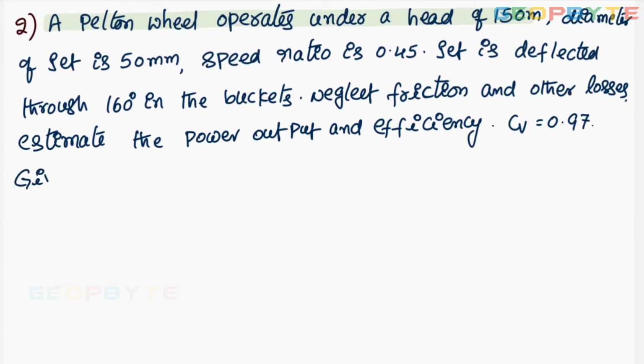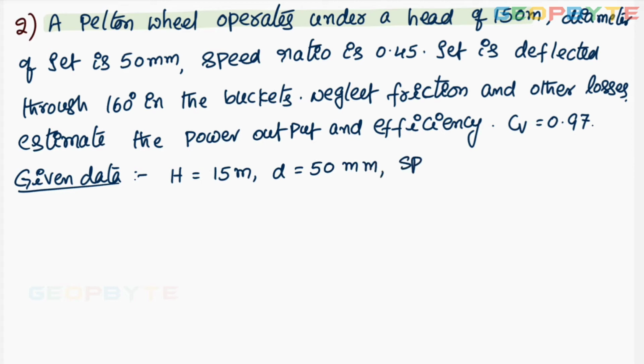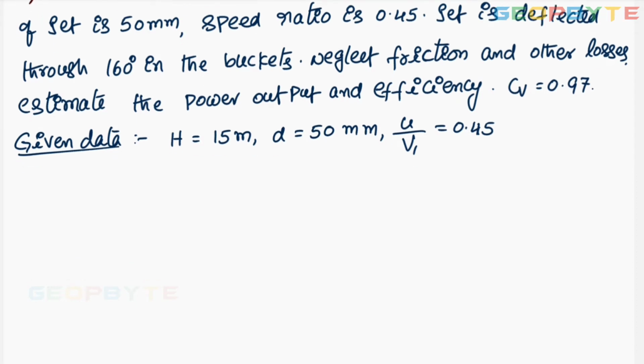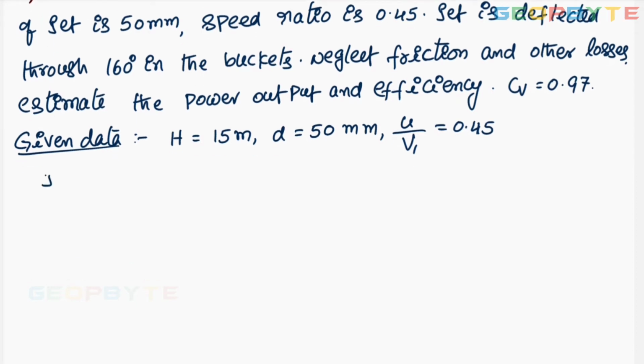Given data: the head available H equal to 150 meters, jet diameter small d equal to 50 mm, speed ratio U by V1 is given 0.45. Jet is deflected through an angle, jet deflection angle.